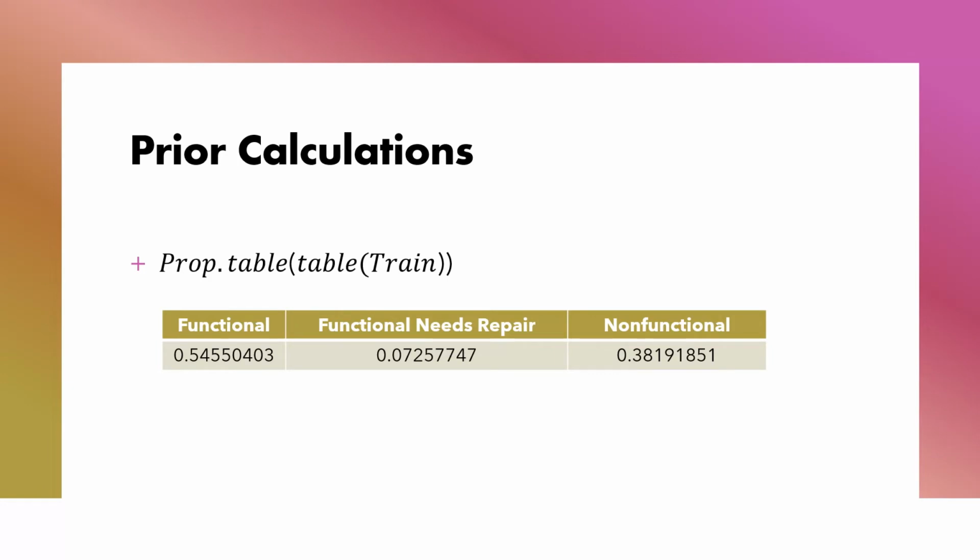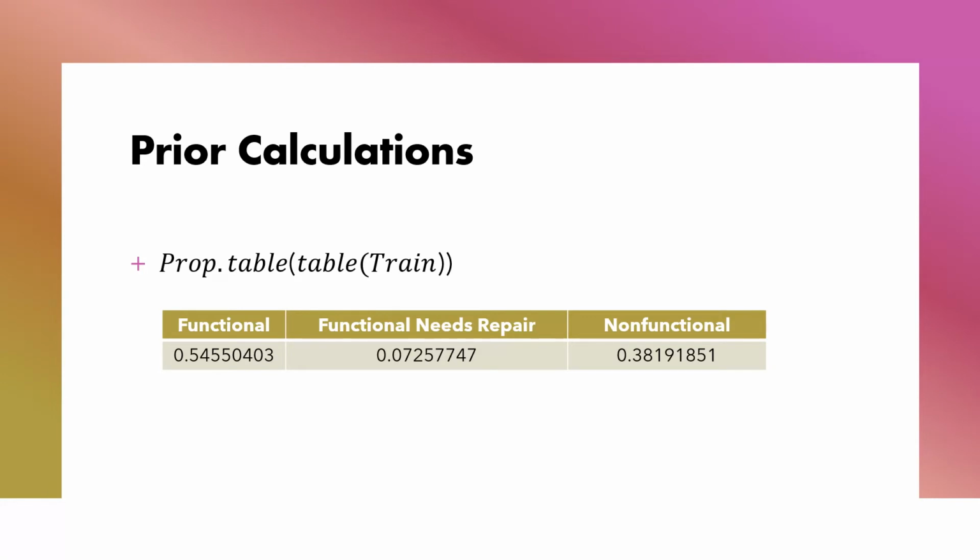So first, in order to use our formula, we need to calculate the priors. And in order to do this, R has a function, prop.table, which provides the probability distribution of the file given.